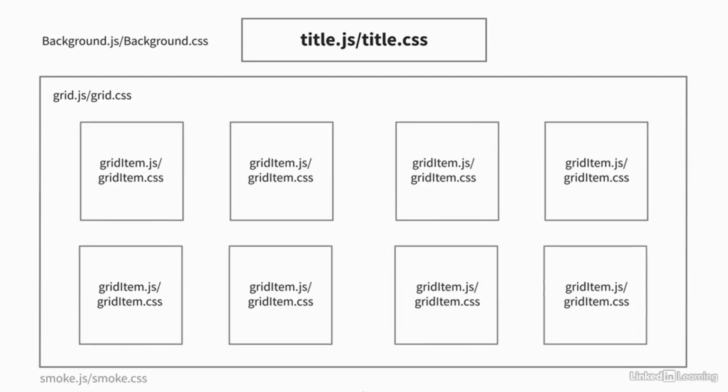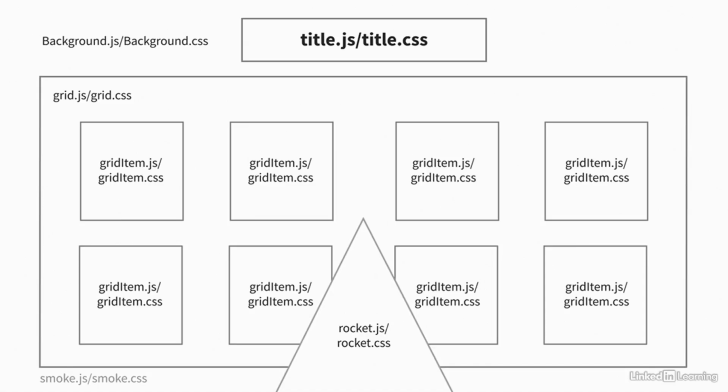And then each grid item, because it's its own component, will have its own CSS. But remember, like in React, because we're repeating the same component across, we only need to create a component and therefore its modular CSS once. And finally, we'll have the rocket and the smoke component and therefore its own CSS.